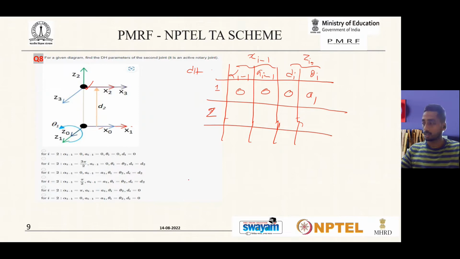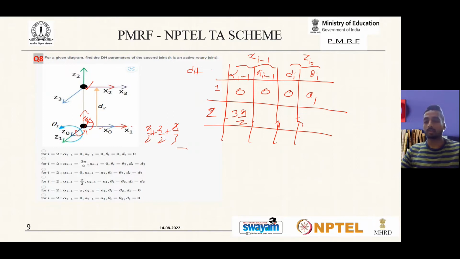First Z1 will rotate like this, 180 degrees to go from pointing inwards to outwards, and then another 90 degrees to point upwards. So it will be pi by 2 plus pi by 2 plus pi by 2, that is 3 pi by 2. So we need 3 pi by 2 of rotation of Z1 along X1 so that it coincides with Z2. So that is our alpha i minus 1.